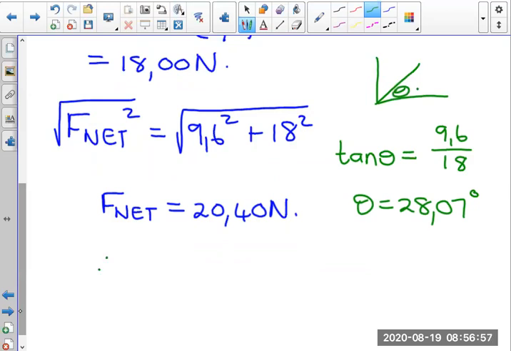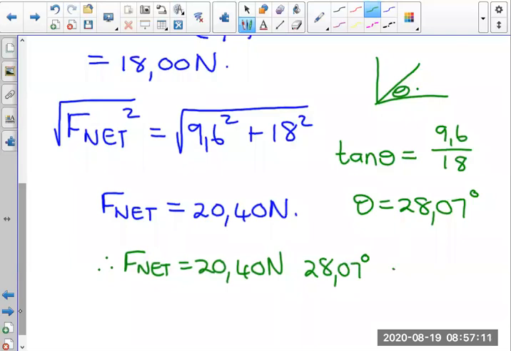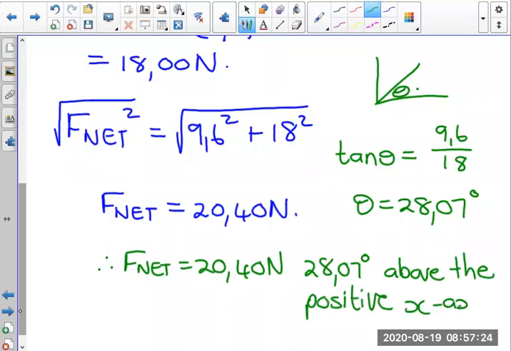So we're going to say, therefore, F net equals 20.40 newtons in the direction 28.07 degrees above the positive x axis. Okay, so this is how you're going to describe the angle.